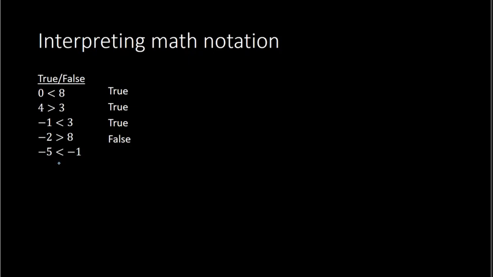Okay, this is a true statement because -5 is smaller, so that is true. Next we have -3 is less than -4. Okay, this is false because -3 is not smaller than -4, so that is a false statement. And lastly, we have 1/3 is less than 1/2. This is a true statement because 1/3 is smaller than 1/2.